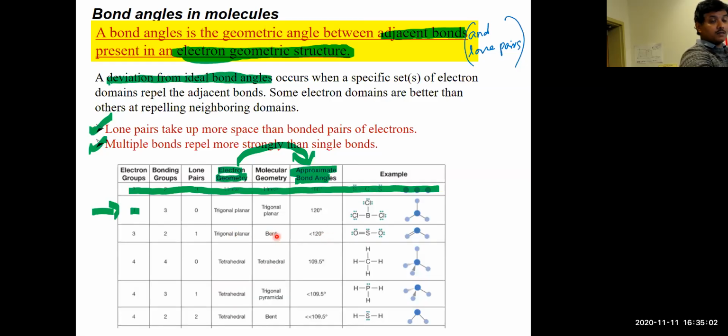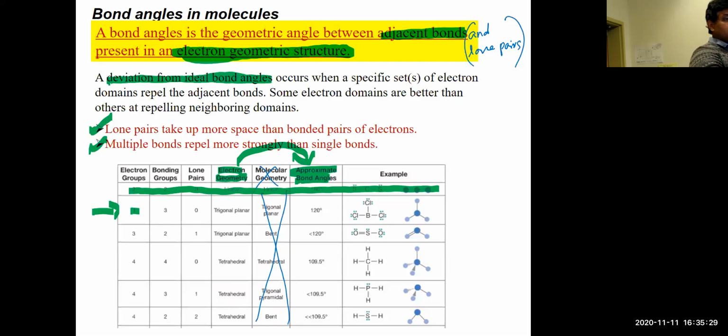The molecular geometry is bent, and you cannot use it to predict 120. That's where it gets confusing to lots of students. They try to use the molecular geometry to predict the bond angle. Make sure you're not going to do that. Huge cross mark there. Do not use these to predict the bond angle. They are not useful. You're going to use the electron geometries to predict the bond angles.